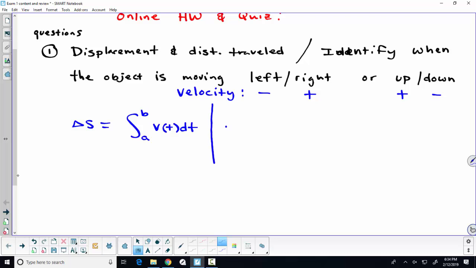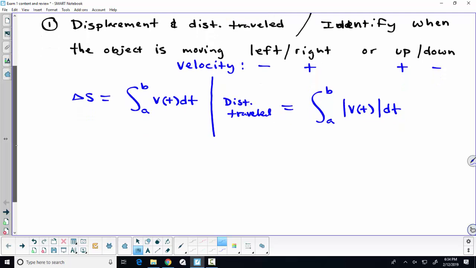The absolute value. Okay, good. So one question like that.